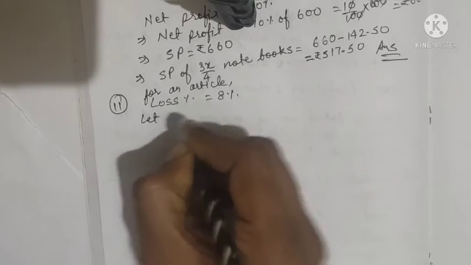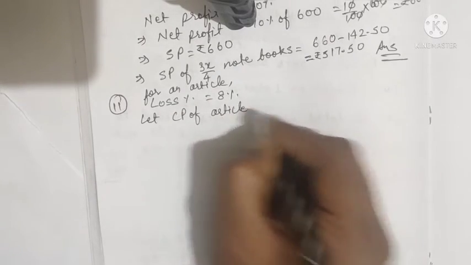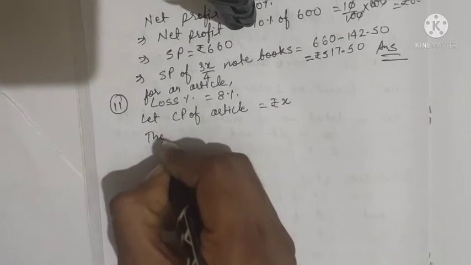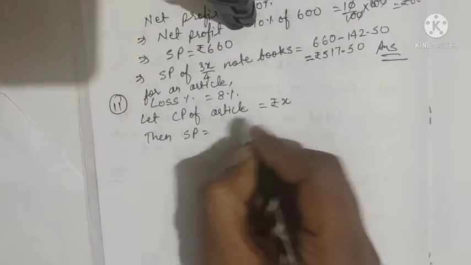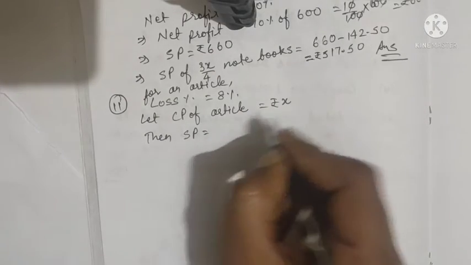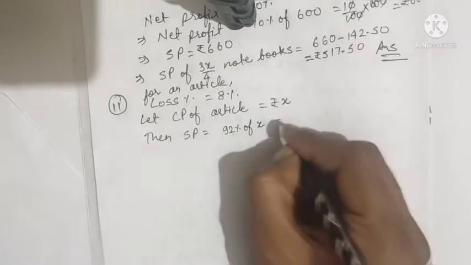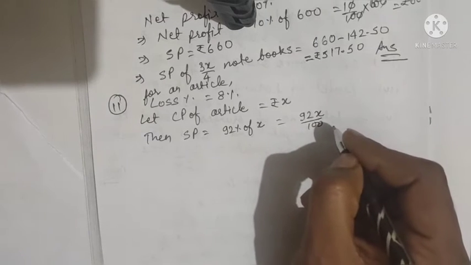So let us consider that CP of the article is equal to rupees X. Then when she sold at a loss of 8%, SP will be equal to 100 minus 8% of X, that is 92% of X, meaning 92X by 100. Simple.